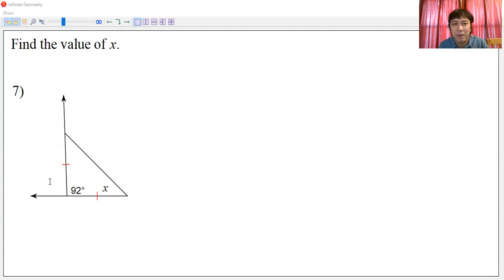Okay. What we have here in the diagram, we have two sides with marks. That means those two sides are equal, and the 92 degrees is the apex angle, okay?